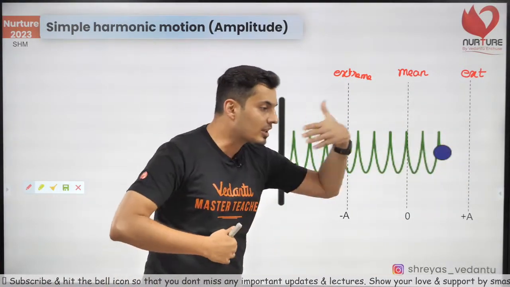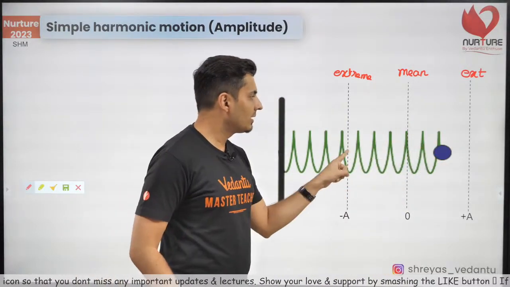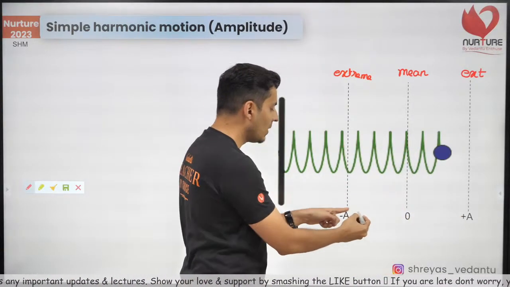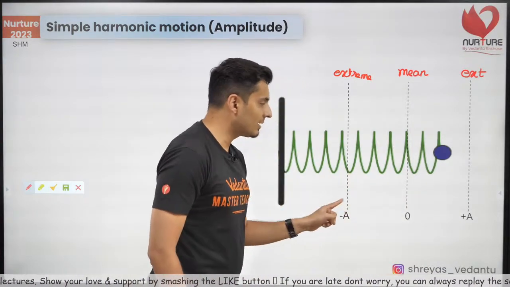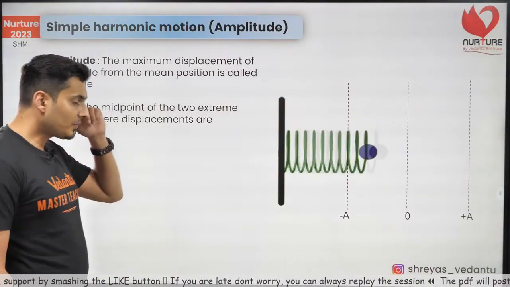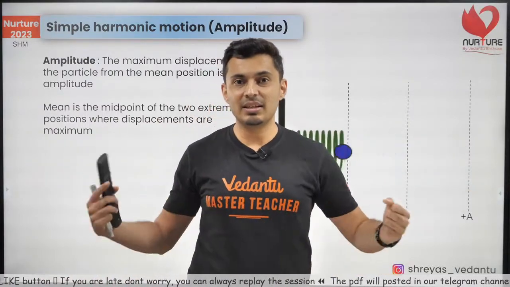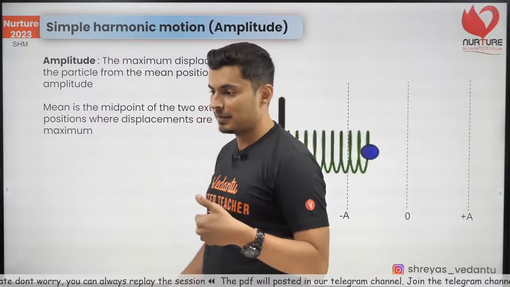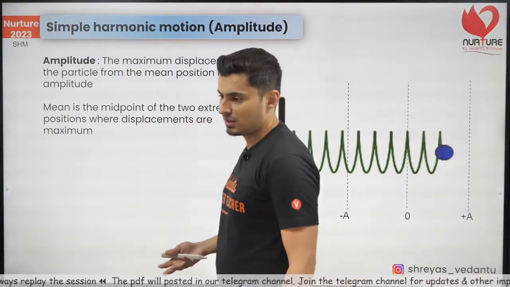Extreme means the outermost points, the last points after which the motion does not exist. If this is x equals 0, this will be x equals minus a, and that will be x equals plus a. That is amplitude. Makes sense, right? So that is what mean and extremes are, that is what amplitude is. Amplitude is the extent of the displacement from the mean position on either side. Mean is basically the average.